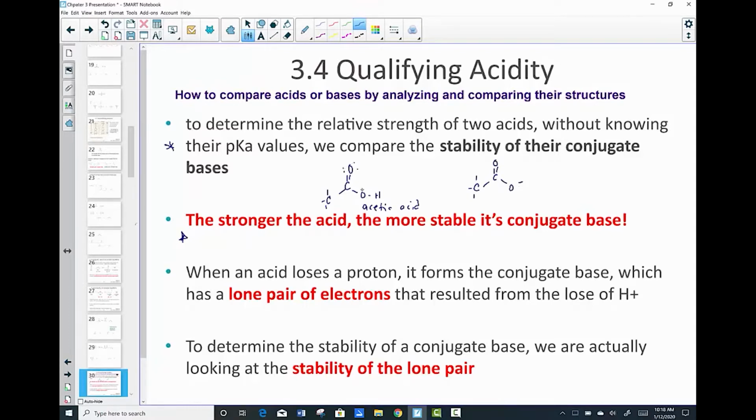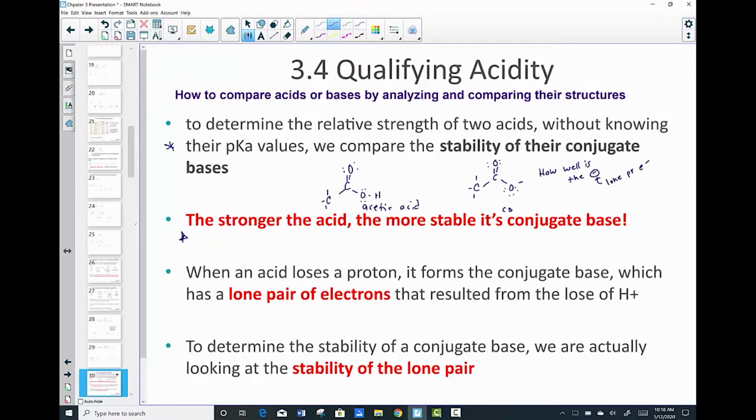We're going to ask ourselves, for the conjugate base, and I have to put all those dots in there, how well is this negative charge stabilized by the structure? When I say the negative charge, remember that that's really a lone pair of electrons.